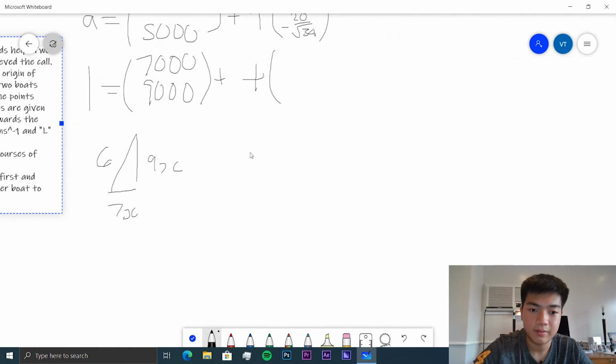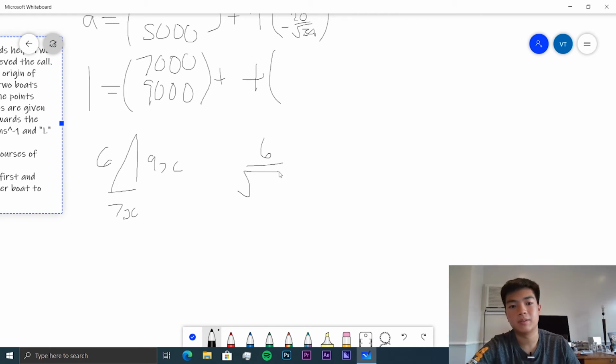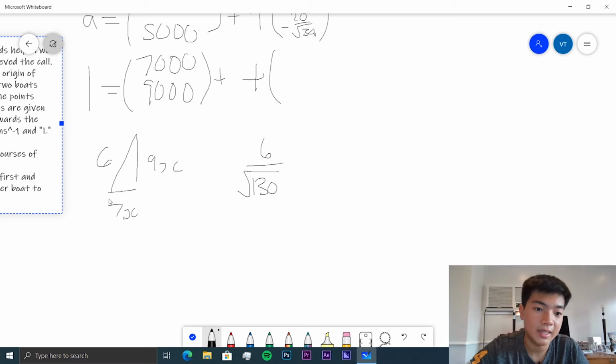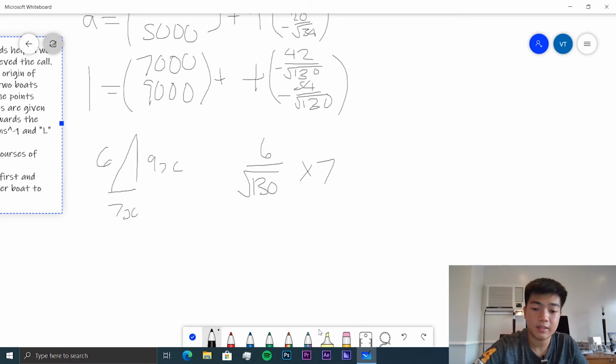So we have 6 over the square root of 7 squared plus 9 squared, so 6 over square root 130. For the horizontal it's times 7, and for the vertical it's times 9. So we have negative 42 over square root 130, and negative 6 times 9, 54, over square root 130 as the movement vector for this.